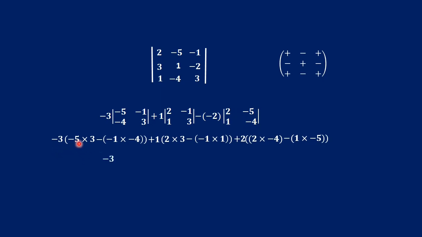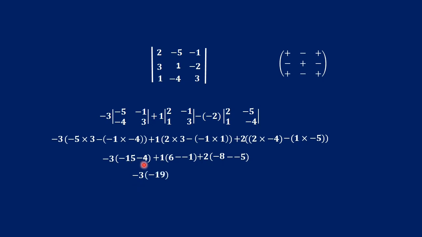So -5 times 3 is -15 minus -1 times -4 is +4. Now 2 times 3 is 6 minus -1 times 1 is -1. 2 times -4 is -8 minus 1 times -5 is -5.